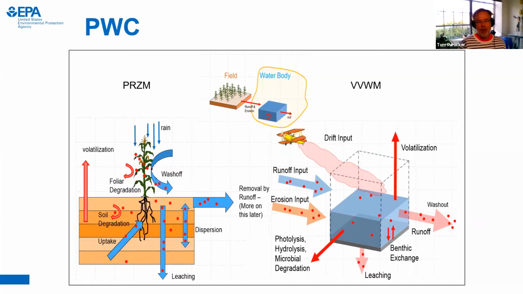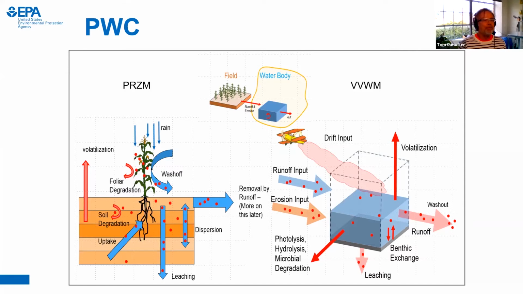This runoff goes to the edge of field in agricultural situations, but in these urban environments it's more like a stream edge, received by the VVWM, the variable volume water model, which simulates the water body processes within the water column and the sediments in the benthic region of this area.